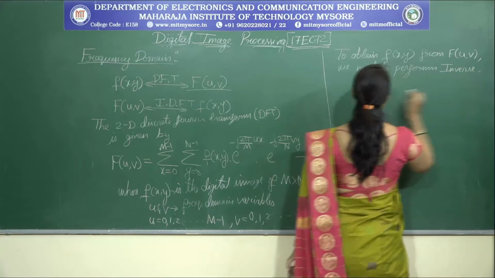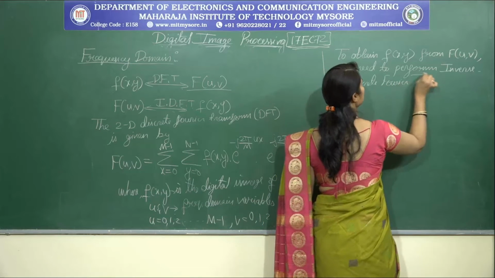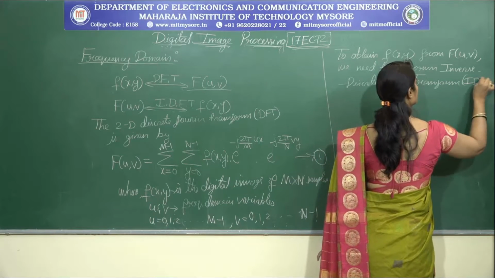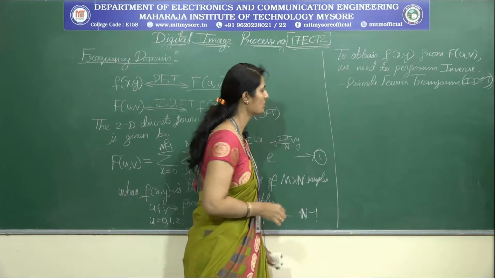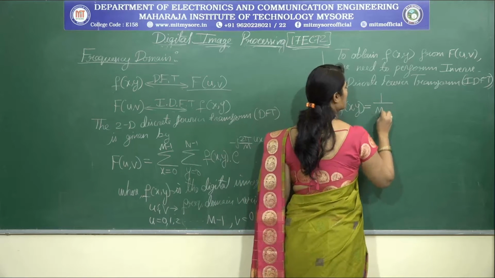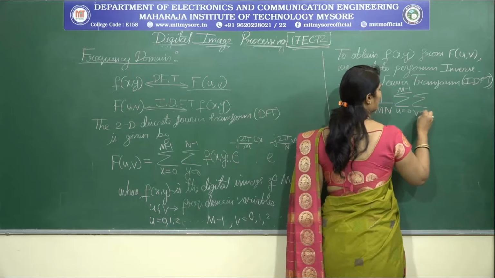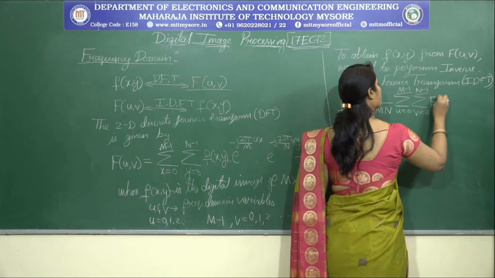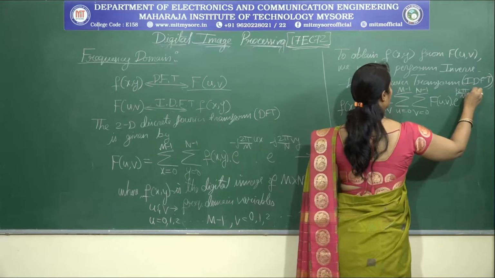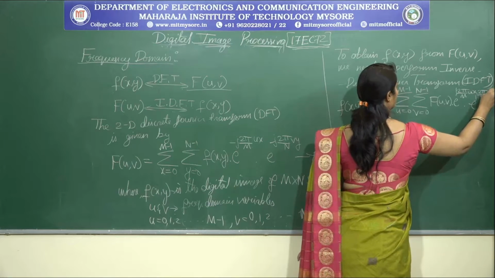That is, f of x comma y equals 1 by MN summation u equals 0 to M minus 1, v equals 0 to N minus 1, F of u comma v e power j 2 pi by M u x into e power j 2 pi by N v y.